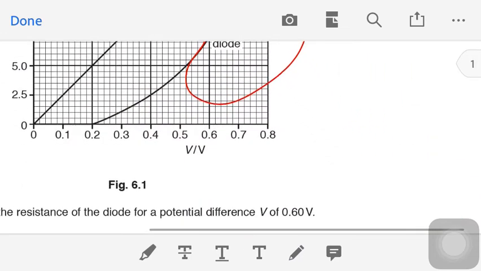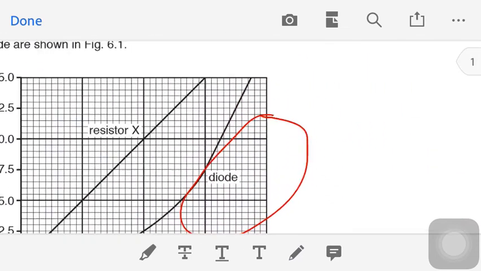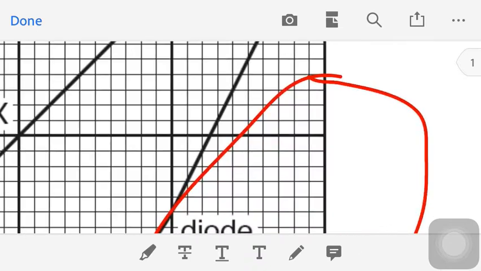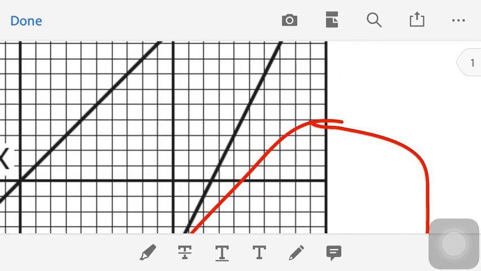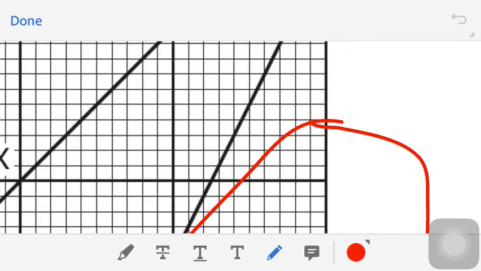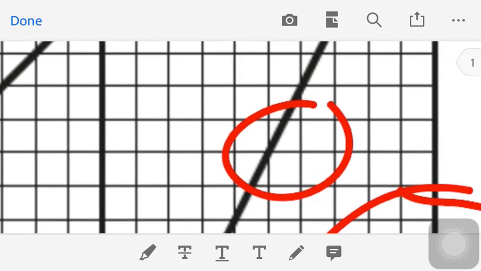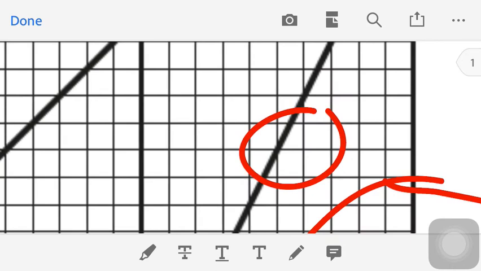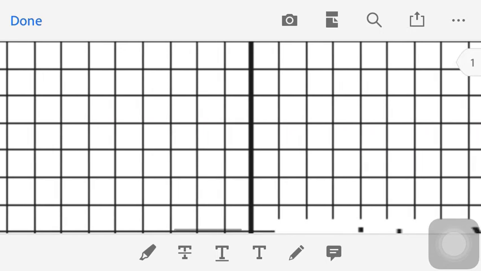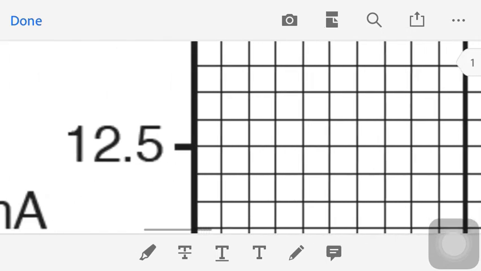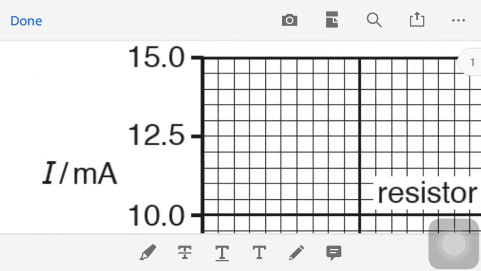The 0.7 line cuts the graph here. So the corresponding value is a bit less than that line. So that line is 12.5, so a bit less than 12.5.